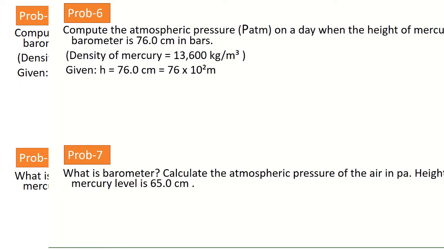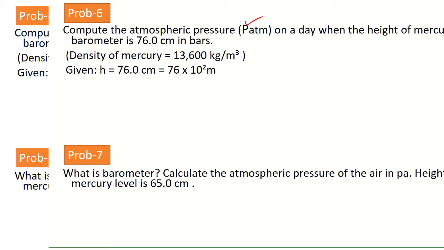Problem number 6, compute the atmospheric pressure P ATM on a day when the height of the mercury in the barometer is 76 centimeter, in bars. So the question is saying you have to compute the atmospheric pressure.